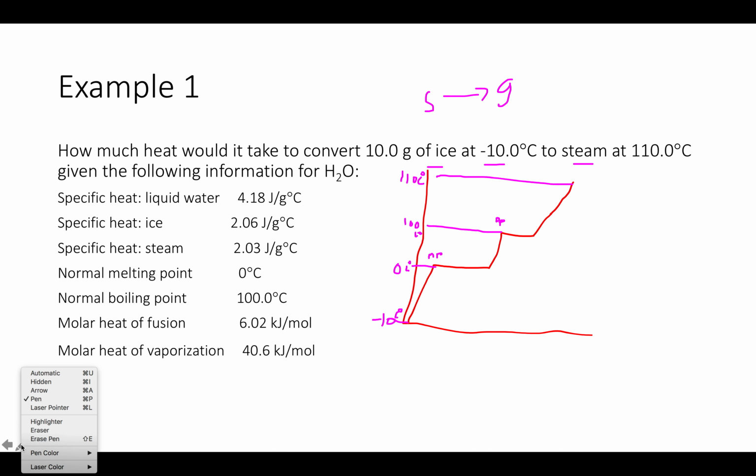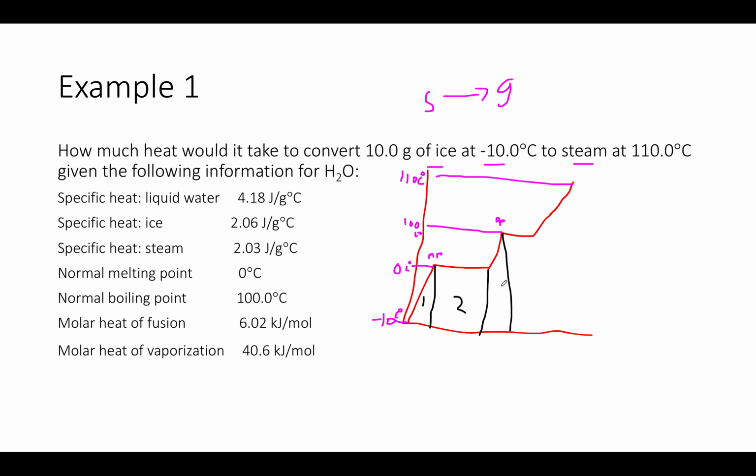Okay. Let's look at our Qs. We have 5 of them. 1 Q here, we're going from a solid to a liquid. 1 Q here, we're between a solid and liquid phase. 1 Q here, we are a liquid at this point. 1 Q here, our 4th Q, we're between a liquid and a gas.